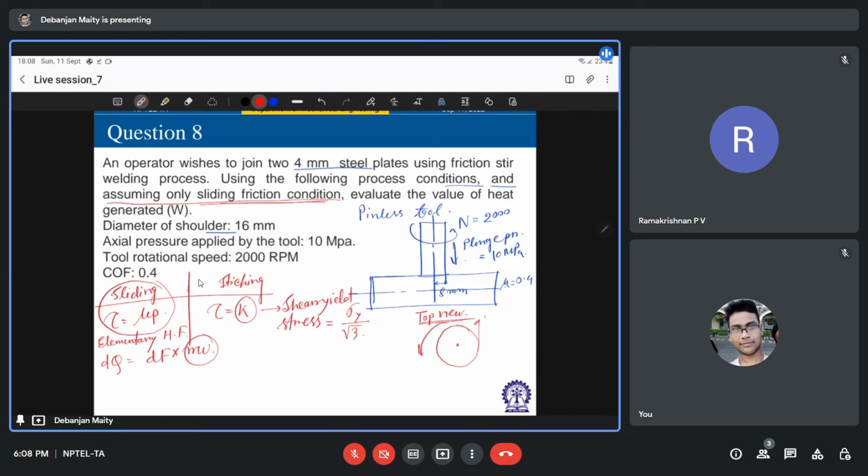So translation speed will be v equal to r omega. And then what will be the df? So basically, if you want to find the total heat flux, what you need to do? You need to integrate all over the area, right?